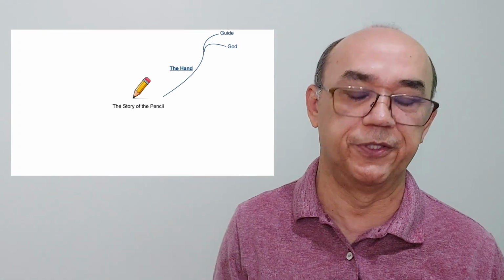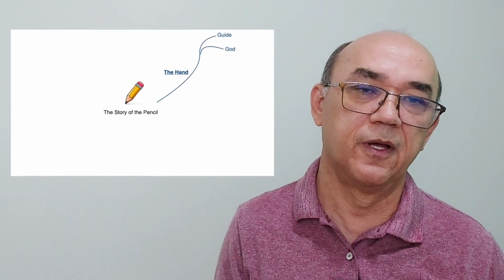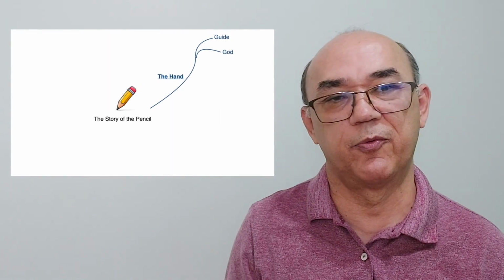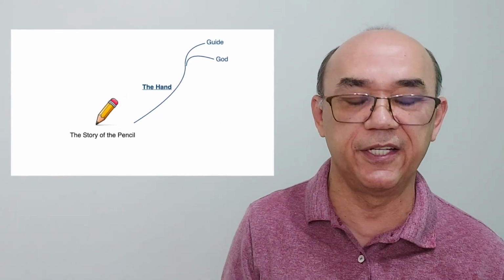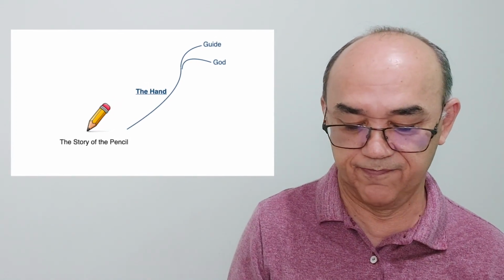Sometimes people write God, sometimes people write a guide or something like that. But remember that we are writing and we are making a map of the story of the pencil.